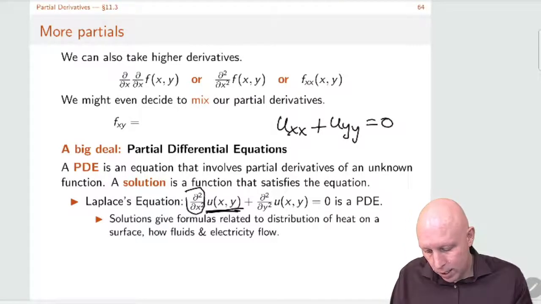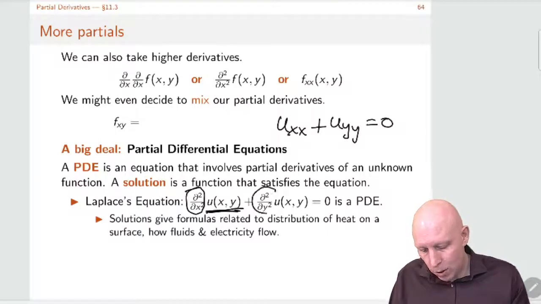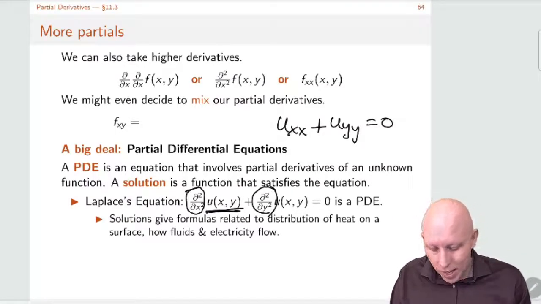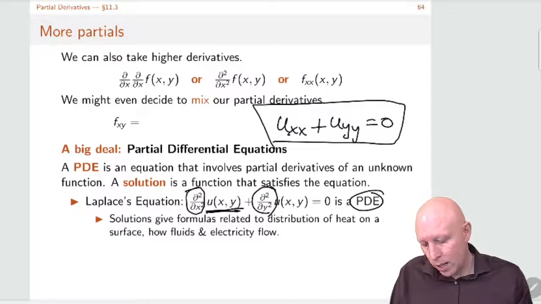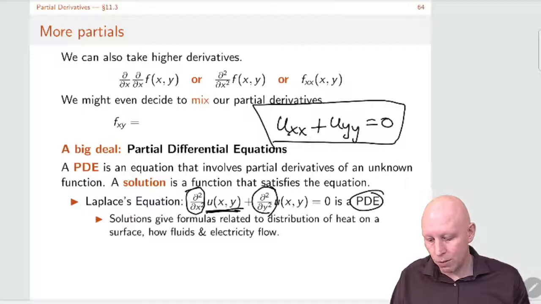This is saying take the derivative with respect to x twice, and take the partial with respect to y twice, add those up together and get it equal to 0. That's an example of a partial differential equation. Solutions to this equation are often used if you're trying to figure out something about heat on a surface or how fluids and electricity flow through a surface.